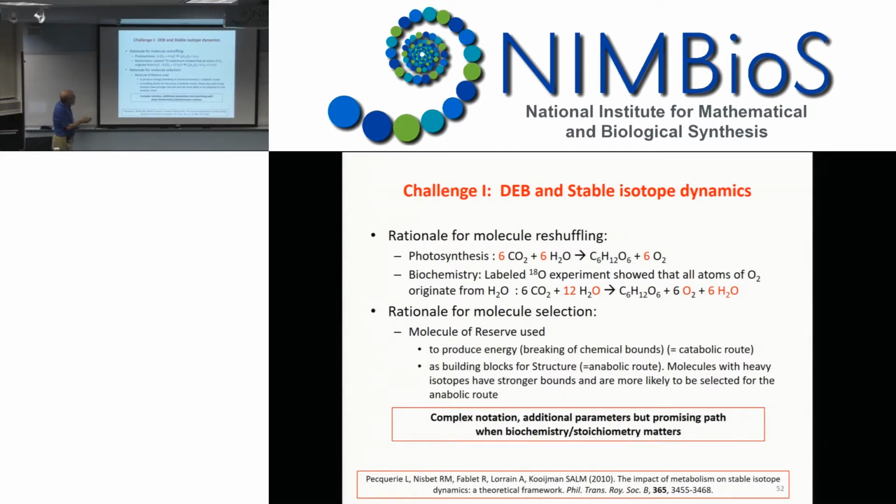This equation here is the standard way of writing down the macrochemical equation for photosynthesis. And if you just imagined that as what was going on, you would imagine that the O2 that was produced involved oxygen coming from CO2 and oxygen coming from water. In fact, labeled experiments show that all the atoms of O2 actually come from water.